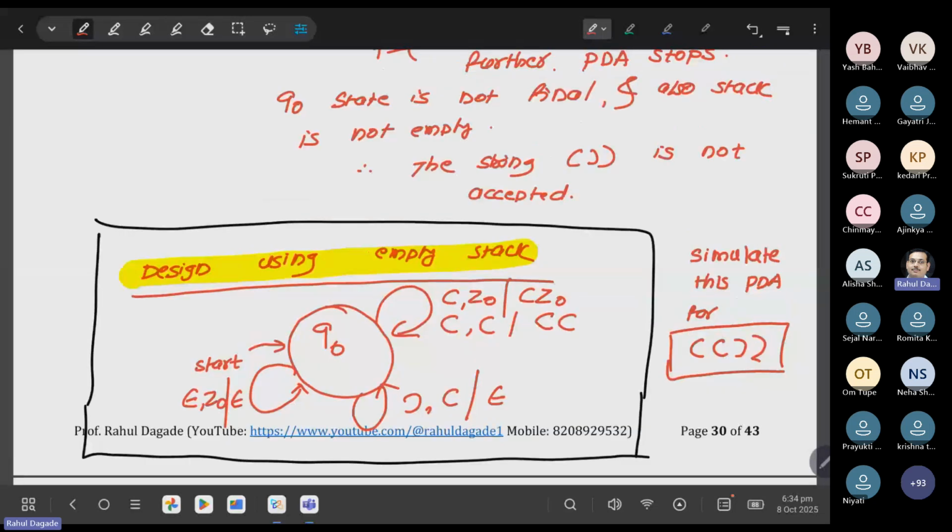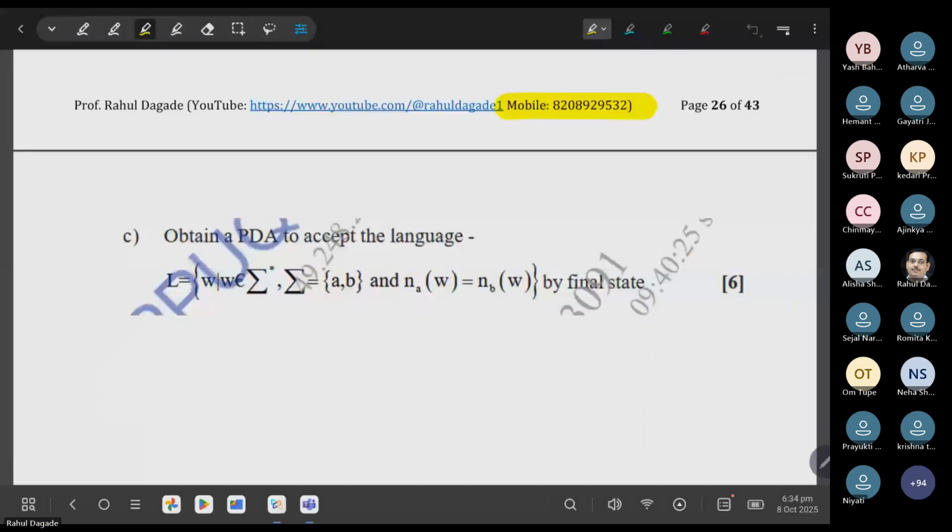Now let us see the next problem. Design a PDA to accept the language in which the number of A's and number of B's are equal, and we have to accept it by final state.